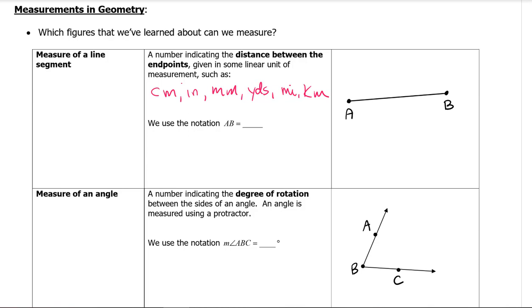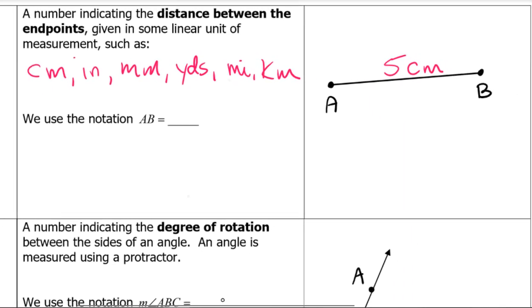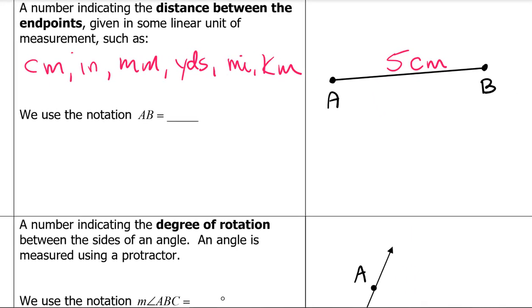You've got all sorts of options. Now, say we were to measure segment AB and it's 5 centimeters long. When we talk about the notation of a segment, you're going to include the number 5 and also add the unit on the end of it.